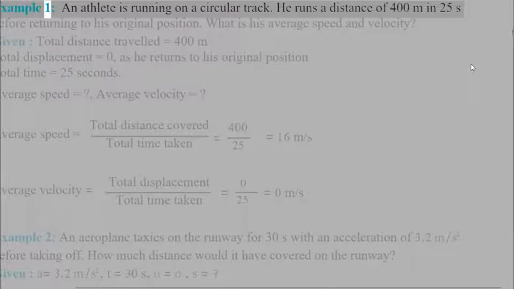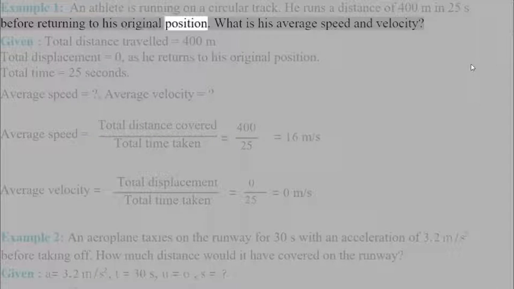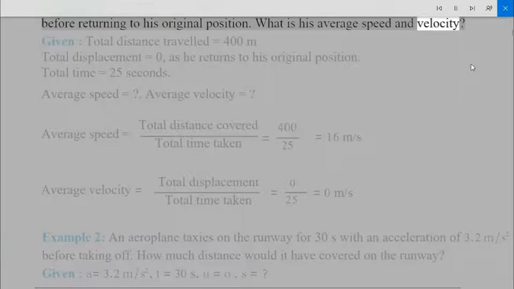Example 1. An athlete is running on a circular track. He runs a distance of 400 m in 25 s before returning to his original position. What is his average speed and velocity?